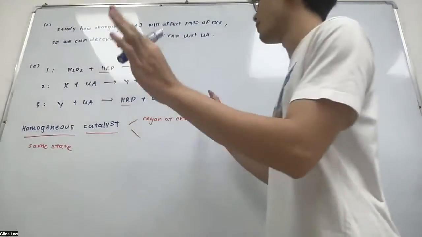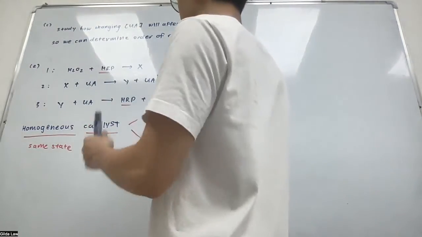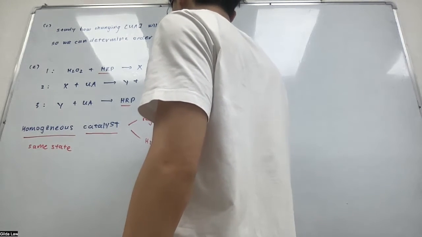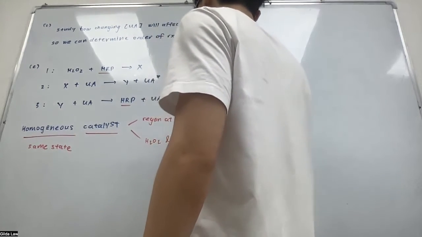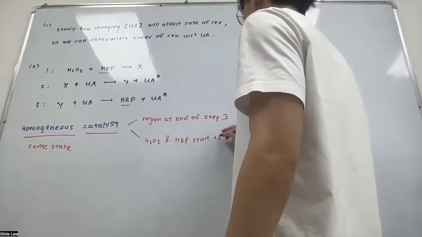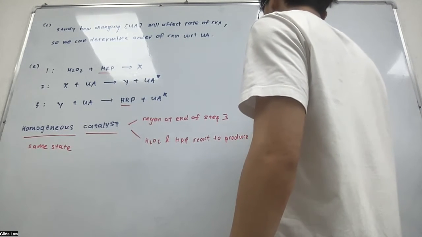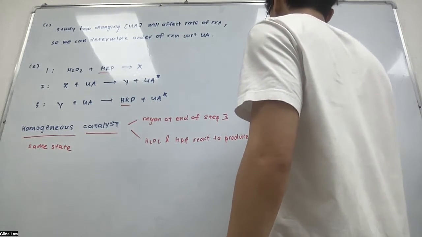The first two I think is quite obvious, but then the third one, talk about this also. H2O2 and HRP react to produce intermediate X. And the fact that you are producing an intermediate already goes to show that there's an alternative pathway taken.